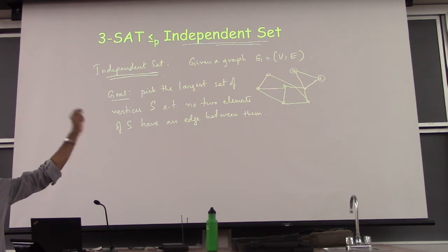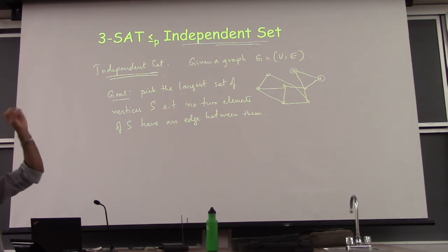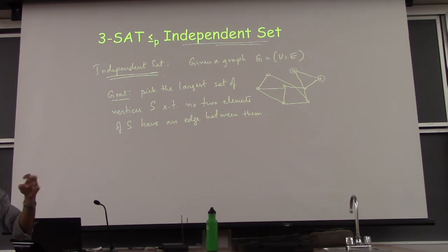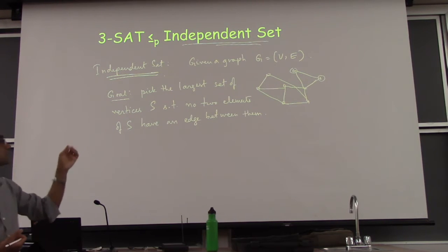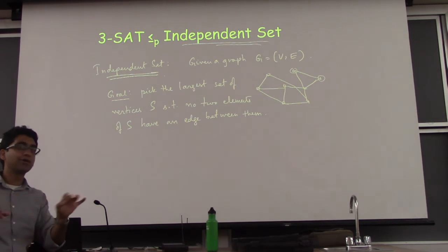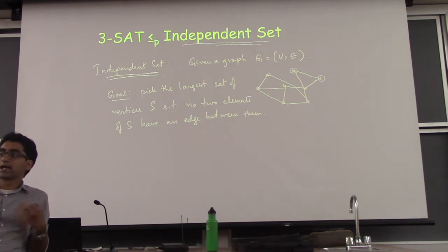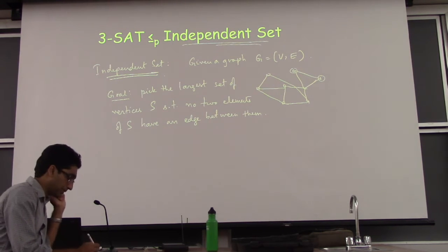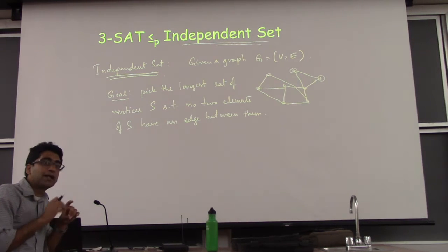So the goal is to pick as many vertices as you can, such that there's no edge between them. These sorts of problems come up when you have some conflicts. Let's say you have a bunch of courses, courses are your points, and you put an edge between them if they have a conflict. Then you want to pick a collection of things that don't have any conflicts between them. This is the kind of situation which people model using independent set. It's a natural problem, and you want to find independent sets that are as large as possible.